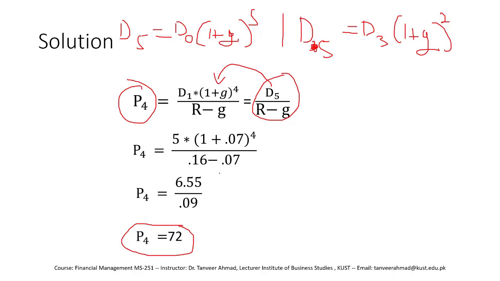Imagine that instead, the cost of capital was 0.07 and the growth rate was 0.16, 16%, the opposite of what we already had. Then the denominator would have a minus sign, and when we divide this 6.55 by minus 0.09, we would get an answer in minus, and that wouldn't make sense.